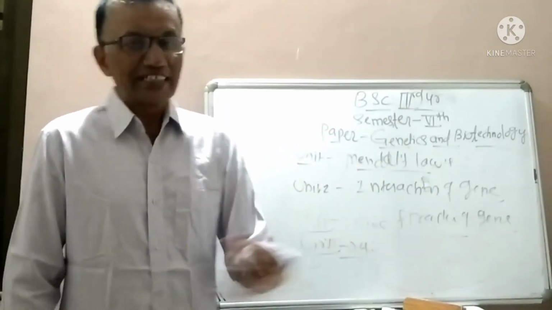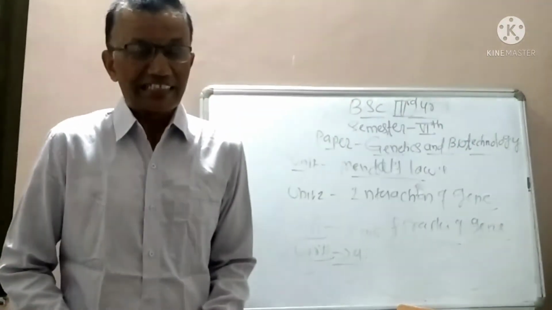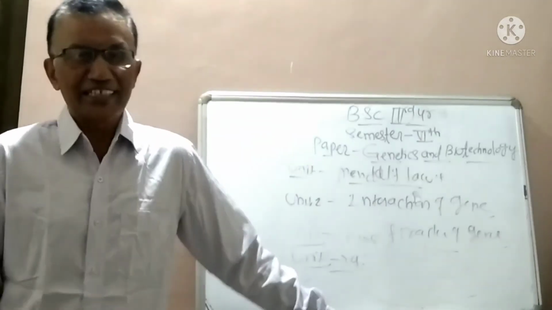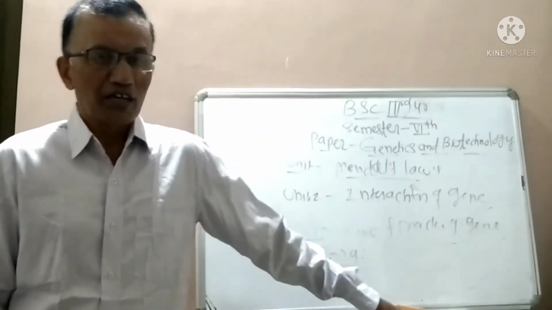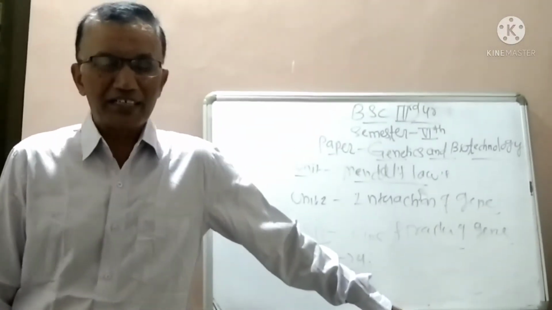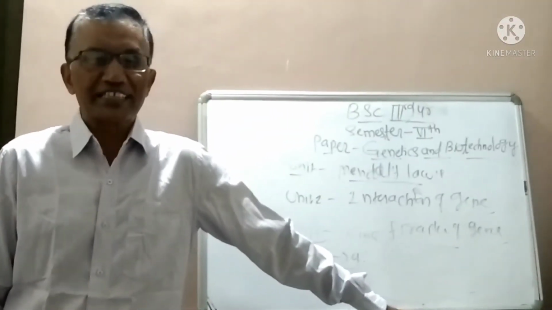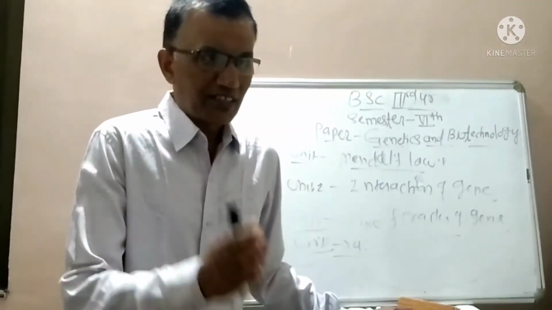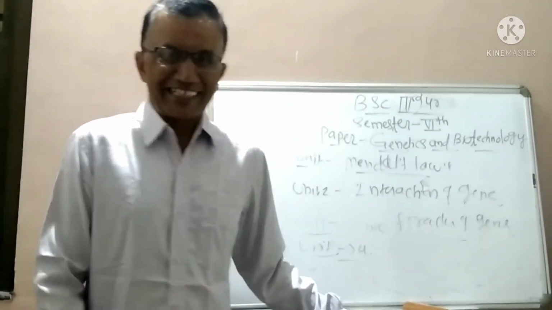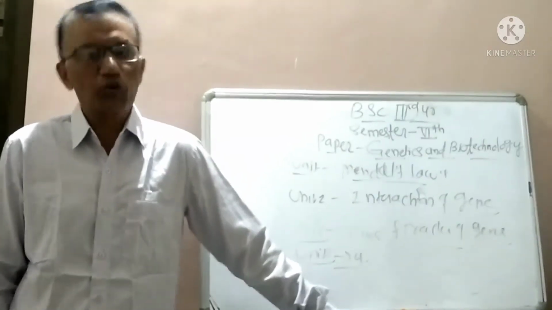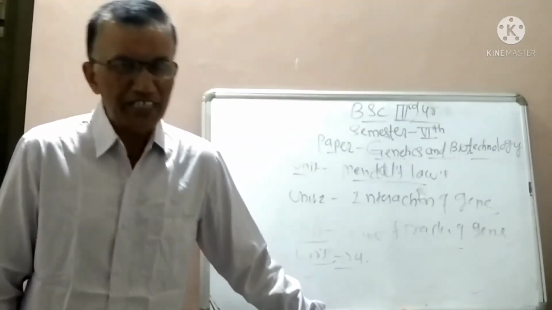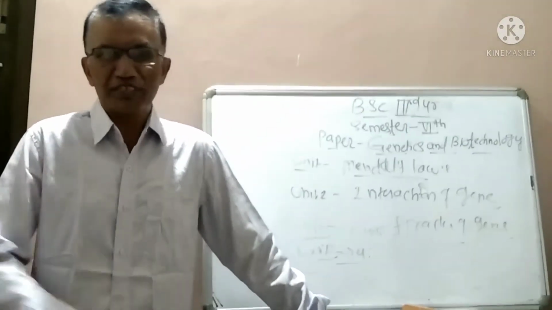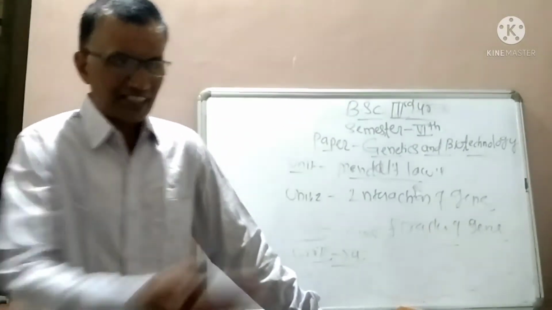The details regarding sex determination in man: how the male is heterogametic and how the female is homogametic in human beings. If the male is heterogametic and the female is homogametic, then the determination of sex always depends upon the type of sperm that fertilizes the egg.